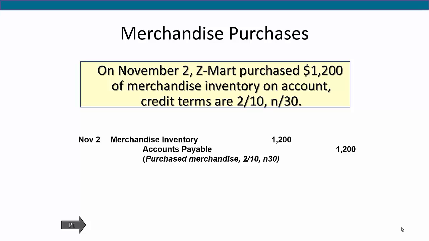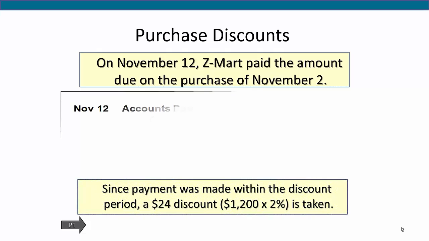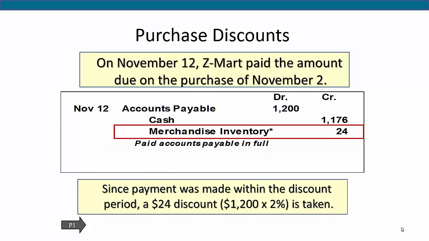Now let's see how a purchase discount works applied to this purchase. Credit terms were 2/10, n/30. So the question is, on what day does the discount period expire, and by how much will Z-Mart reduce its purchase cost by paying early? If Z-Mart pays the full amount due on or before November 12th, it would qualify for the discount of 2% because it paid within the 10-day period.